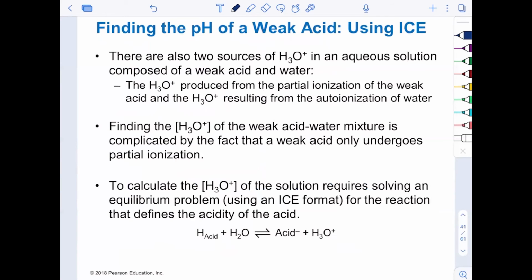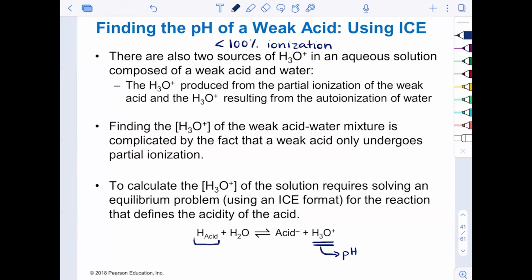Now, finding the pH of a weak acid, now we have to think about using an ICE table. This is less than 100% ionization, which means that not all of that weak acid is going to react with the water. It's an equilibrium, right? This concentration of acid might be known, but in order to solve for pH, we need the concentration of H3O+, which typically we don't have at the initial start.